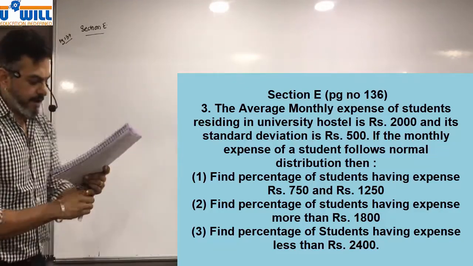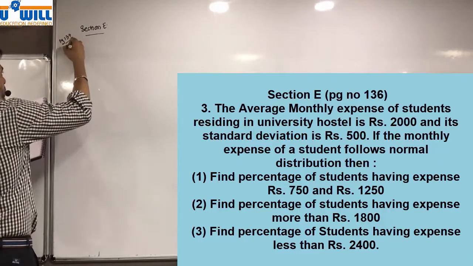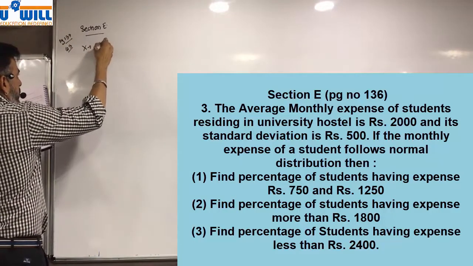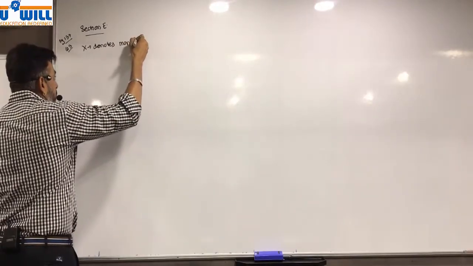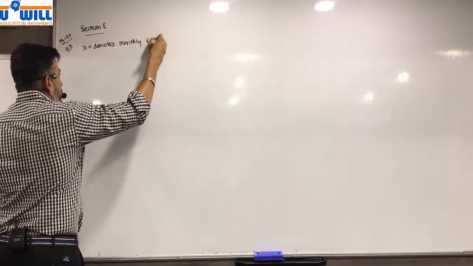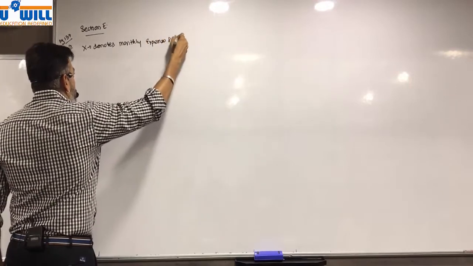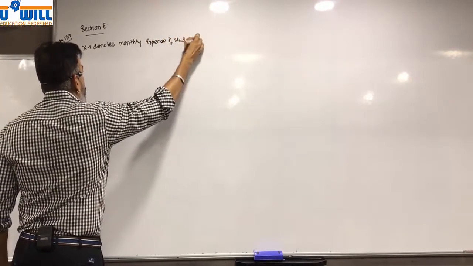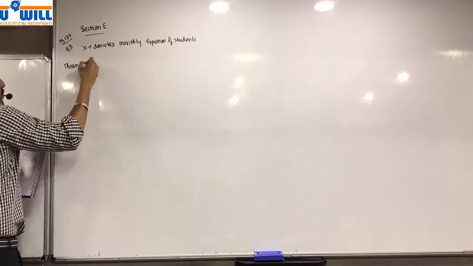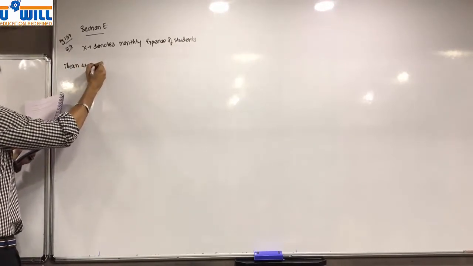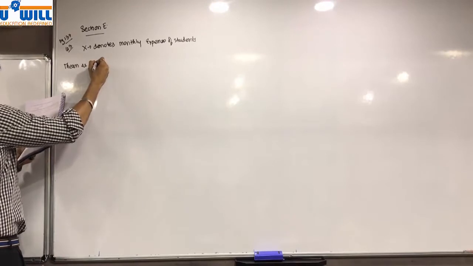Okay, let's write question 3. X denotes monthly expense of students. Mean mu is equal to 2000.